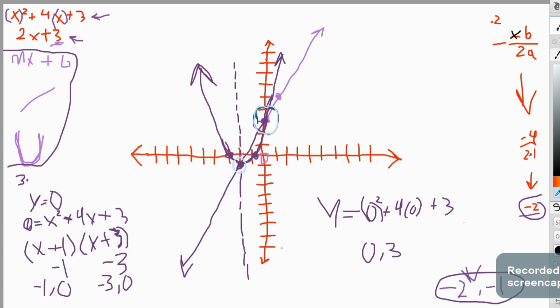And then if you want to go over your answers and check, you can do that. But the points where they interconnect are going to be negative, oh, you can't see that. It's going to be -2 and -1, as well as 0, 3.